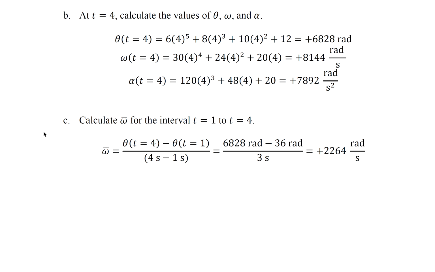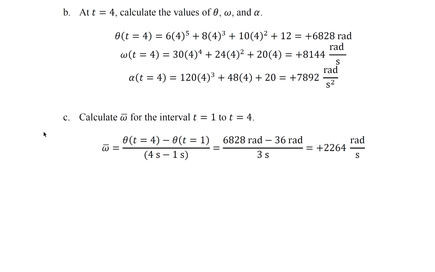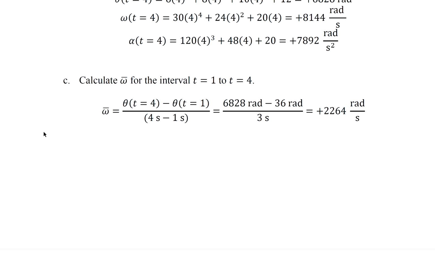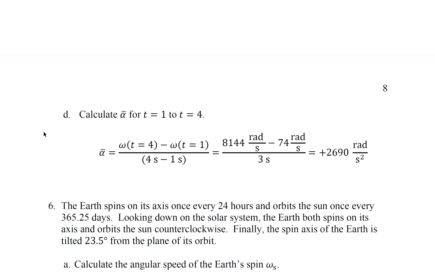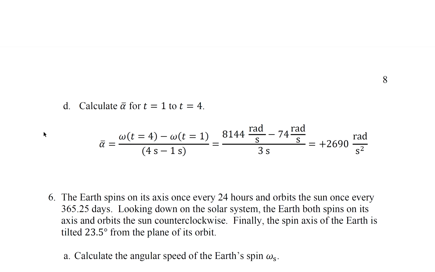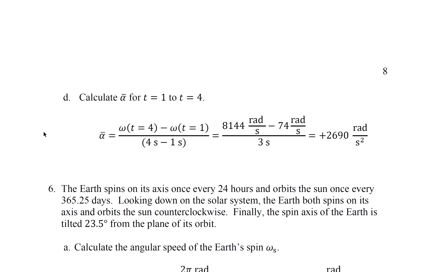Part C, calculate the average angular speed for the interval t equals 1 to t equals 4. Part D, calculate the average acceleration for t equals 1 to t equals 4.